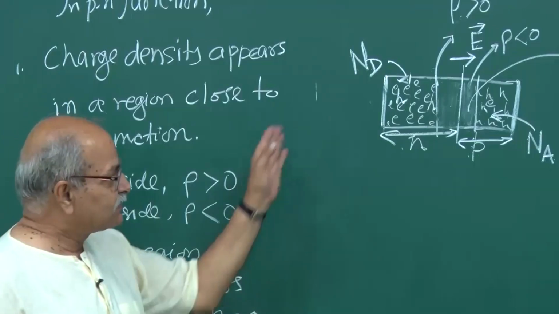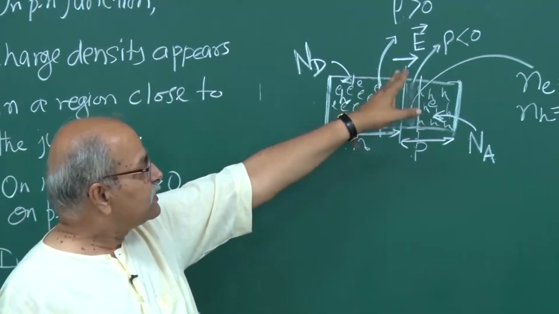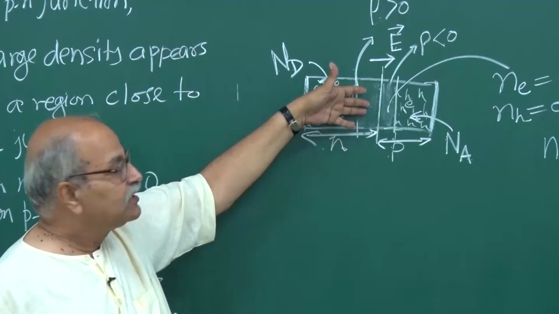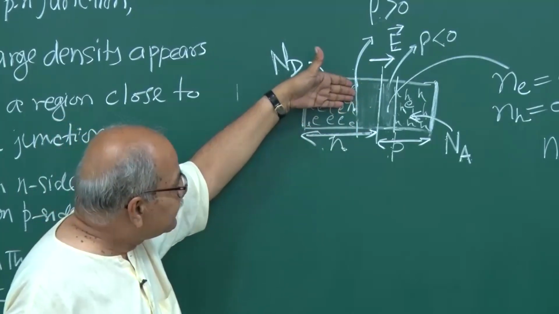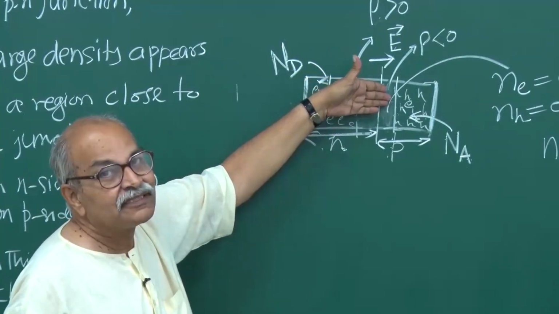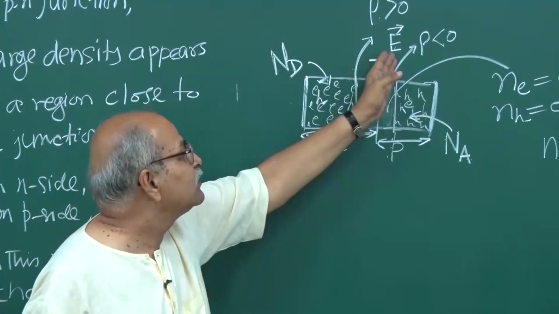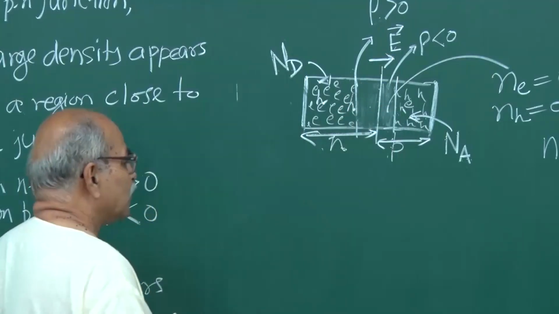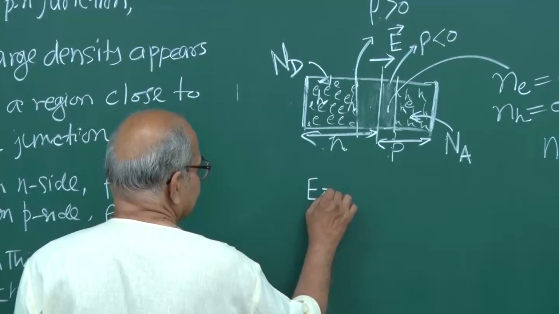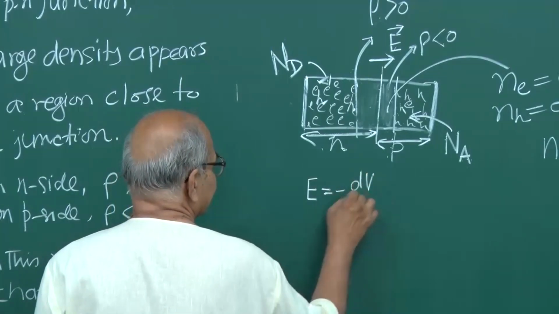Because of this electric field, the electric potential will decrease as you go from left to right in this picture. You are going along the electric field, so potential decreases; E is minus dV/dx.